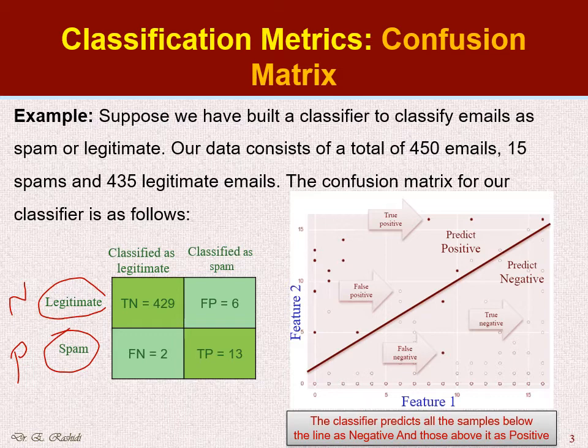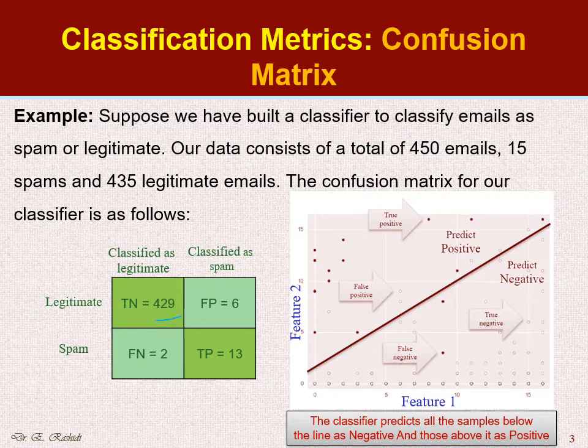And then on the columns, we have our prediction. The first column is classified as legitimate. That means that we have classified as negative. And the second column is a spam. So that means that we have classified as positive. So now we can build the confusion matrix.